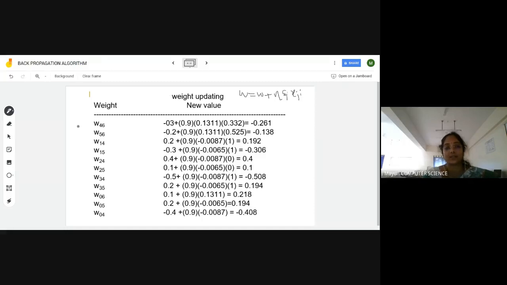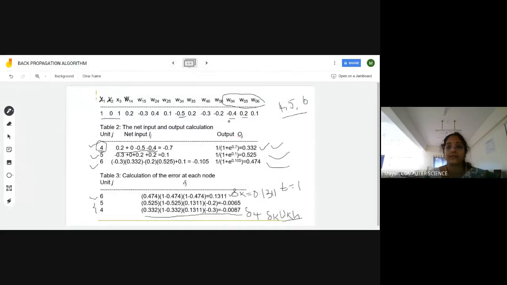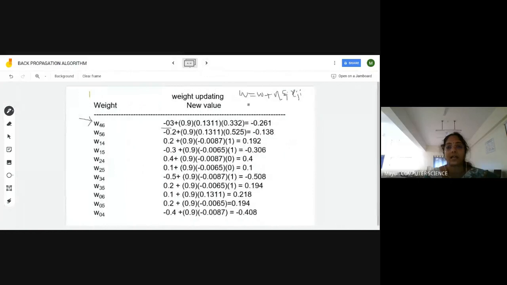Okay, W46. How do you update W46? Write the W46 as such. What is the W46 value earlier? I think it is minus 0.3. Write it as such, the same weight plus your learning rate eta, which is 0.9.